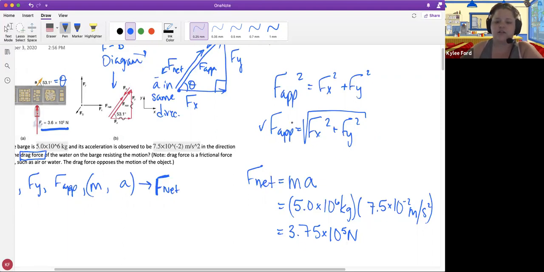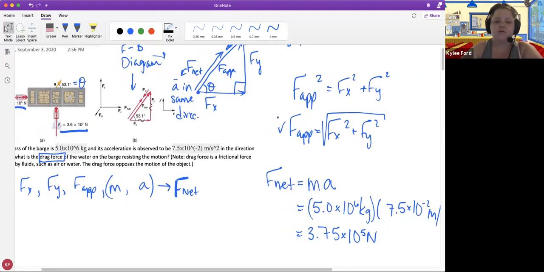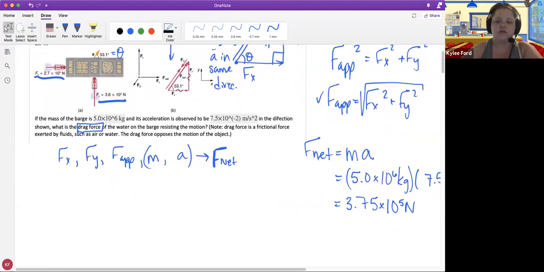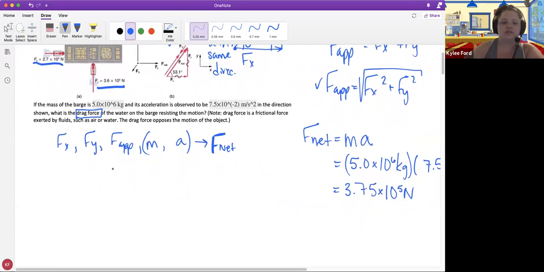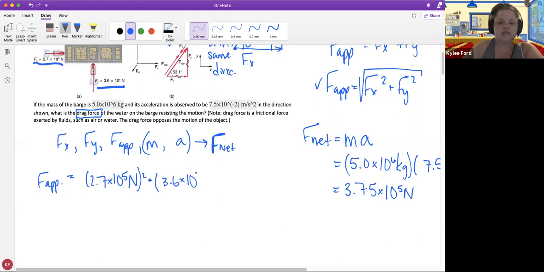I can go ahead and solve for my applied force as well. My F applied is going to be the square root of 2.7 times 10 to the 5th newtons squared plus 3.6 times 10 to the 5th newtons squared.